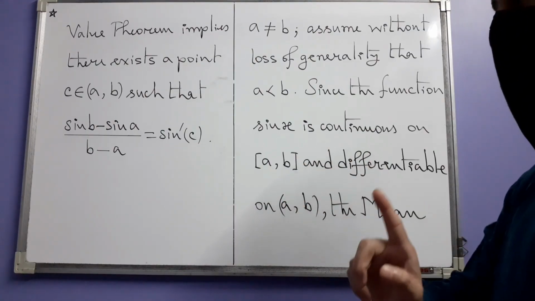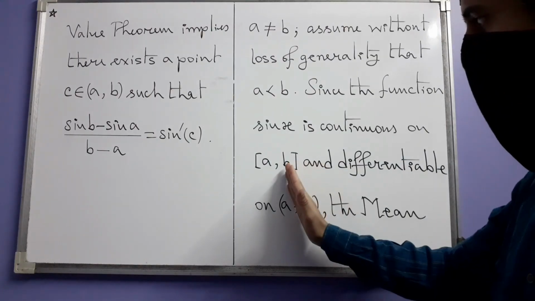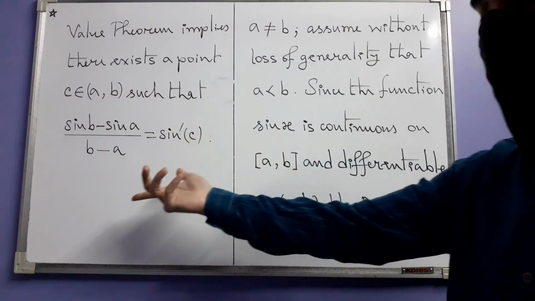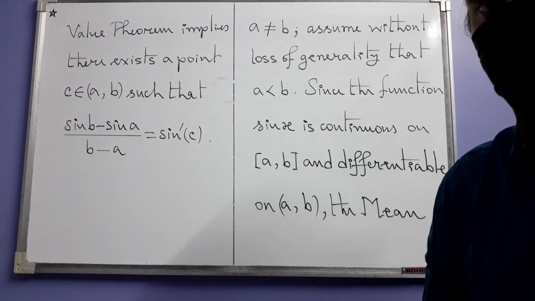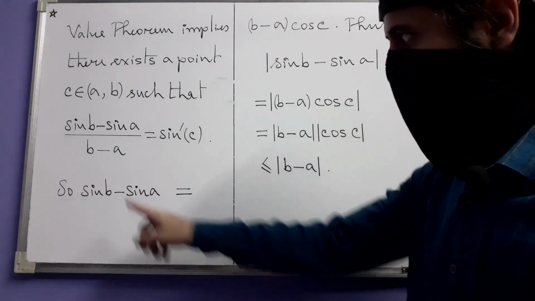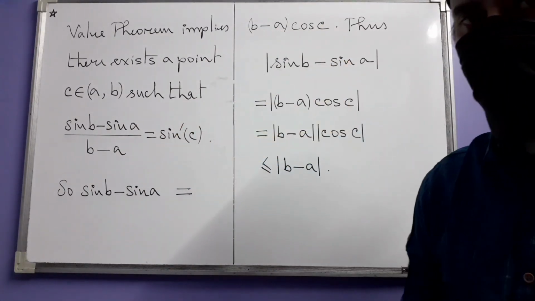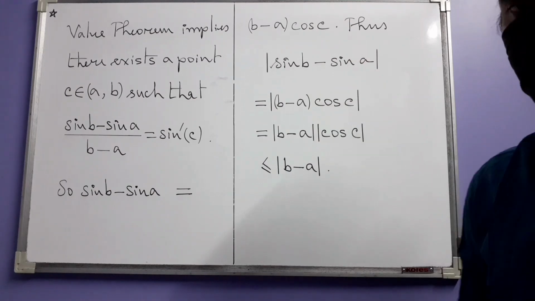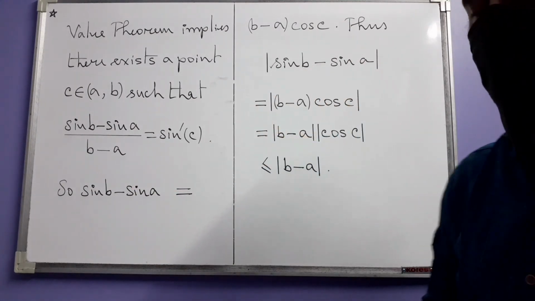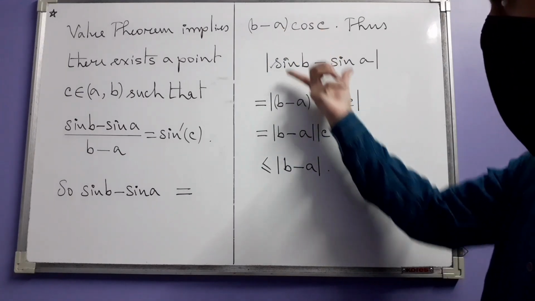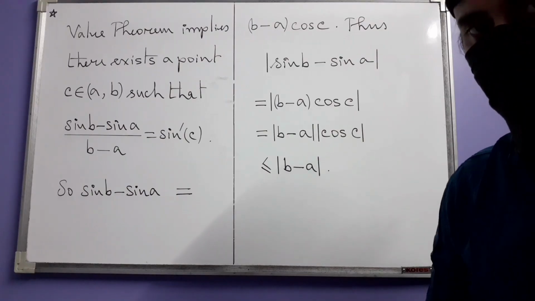So by the mean value theorem, there exists a point C in this open interval such that sin b minus sin a divided by b minus a equals the derivative of sin at the point C, which just means that sin b minus sin a equals b minus a times the derivative, which is cosine of C. And now we consider the absolute value of sin b minus sin a, which equals the absolute value of this product, but then that equals the product of the individual absolute values.